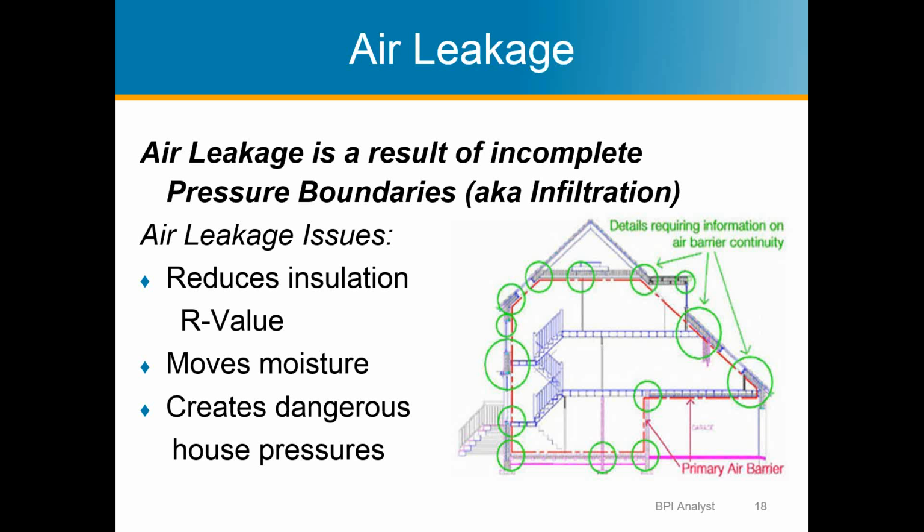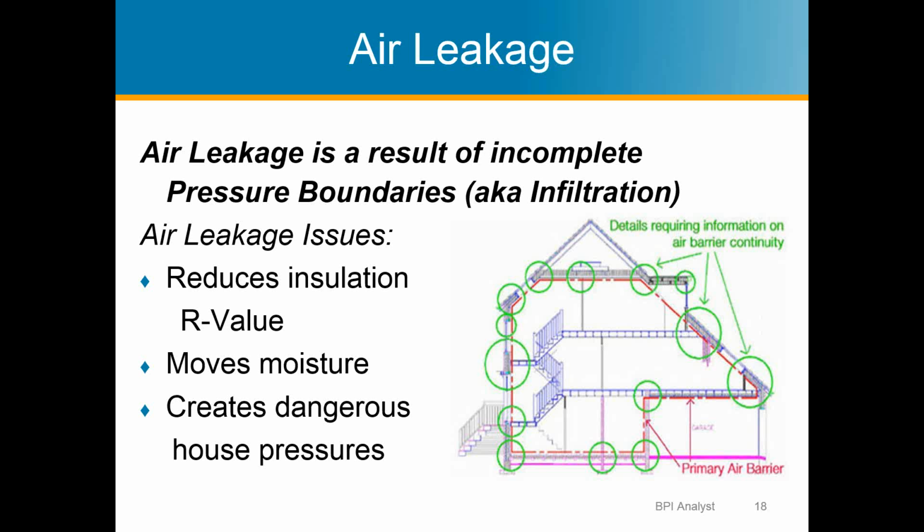So what's the big deal about air leaks? We talked a little bit about it, but it reduces the R value of the insulation. The fiberglass isn't really serving as the insulation. What the fiberglass does is it holds pockets of air, and the air has a greater insulative property than the fiberglass itself.